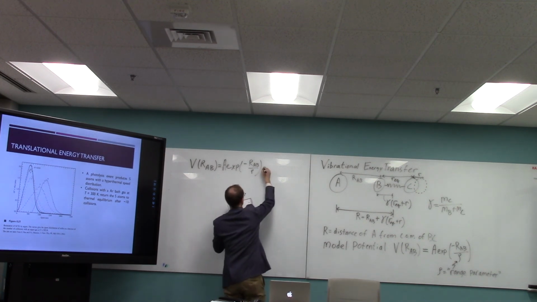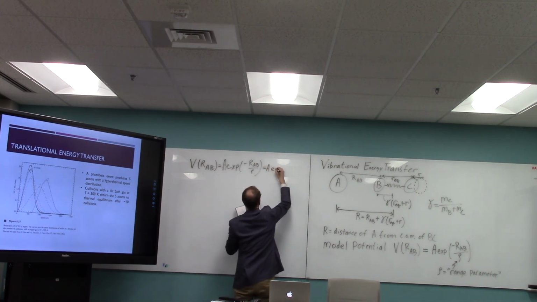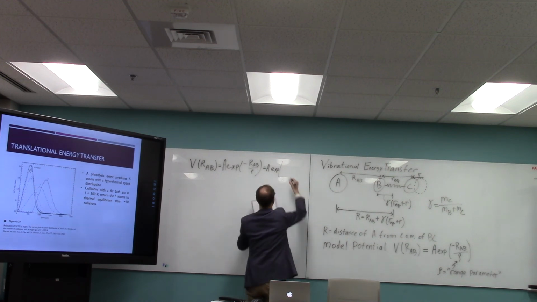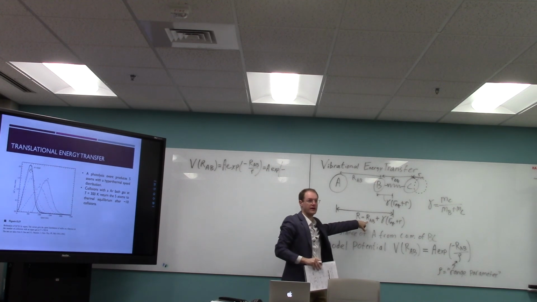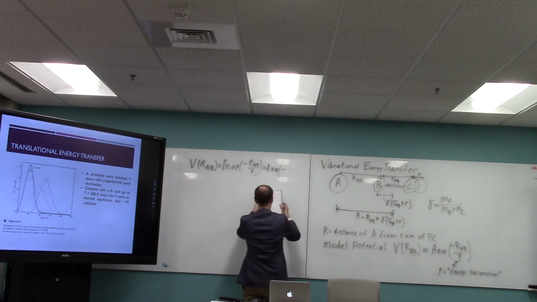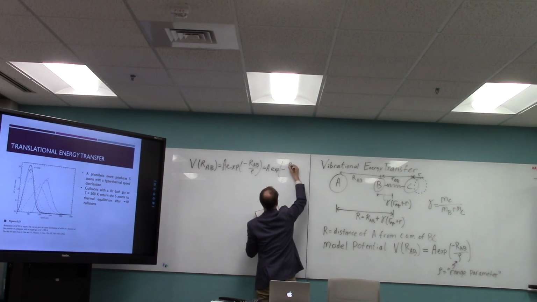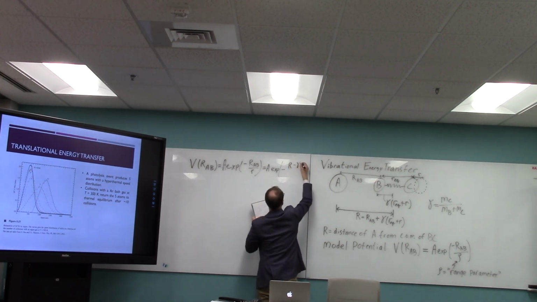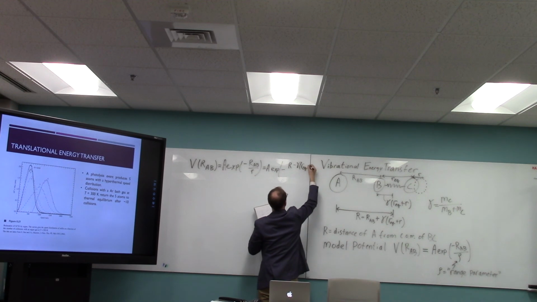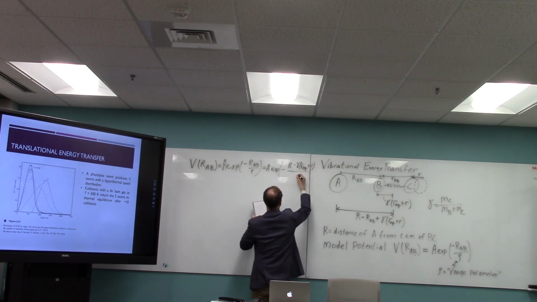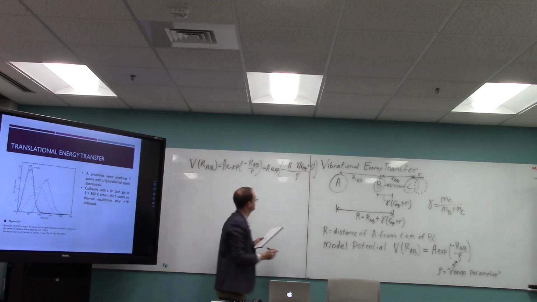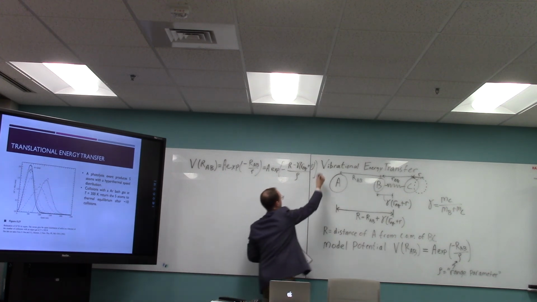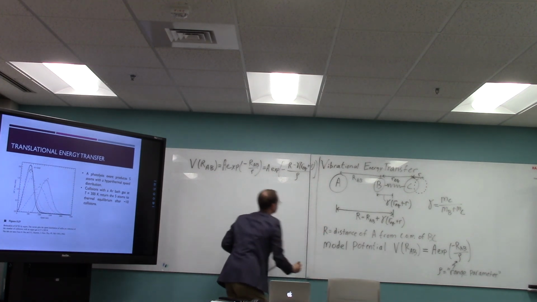And this is equal to A times the exponential of minus, so then substituting this definition, solving this for R_AB, we're going to get R minus gamma times (r equilibrium plus r, the displacement), divided by rho. Right?